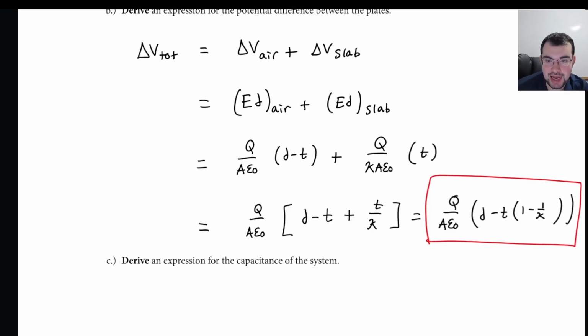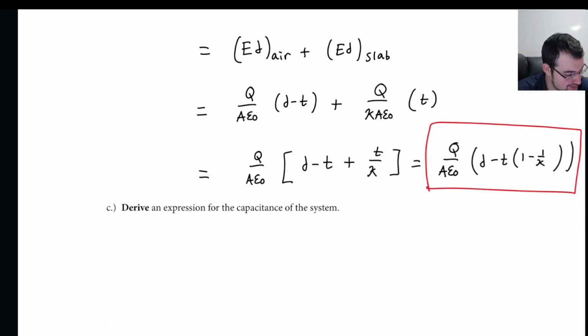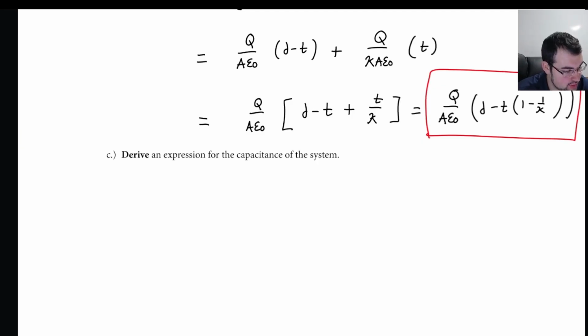So we can see why I said this problem becomes quite the algebra exercise. This is just the potential difference. All right, derive an expression for the capacitance of the system. So what is capacitance?